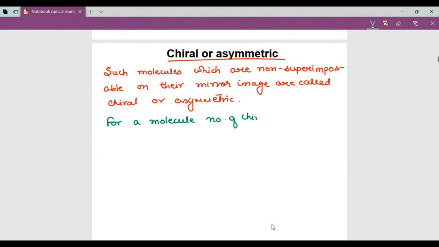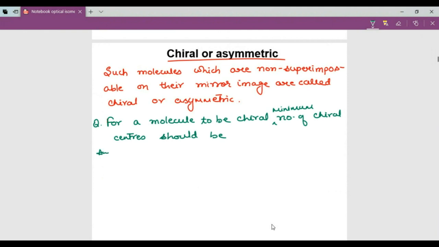For a molecule to be chiral, the minimum number of chiral centers should be, answer: 0. There is no particular requirement.